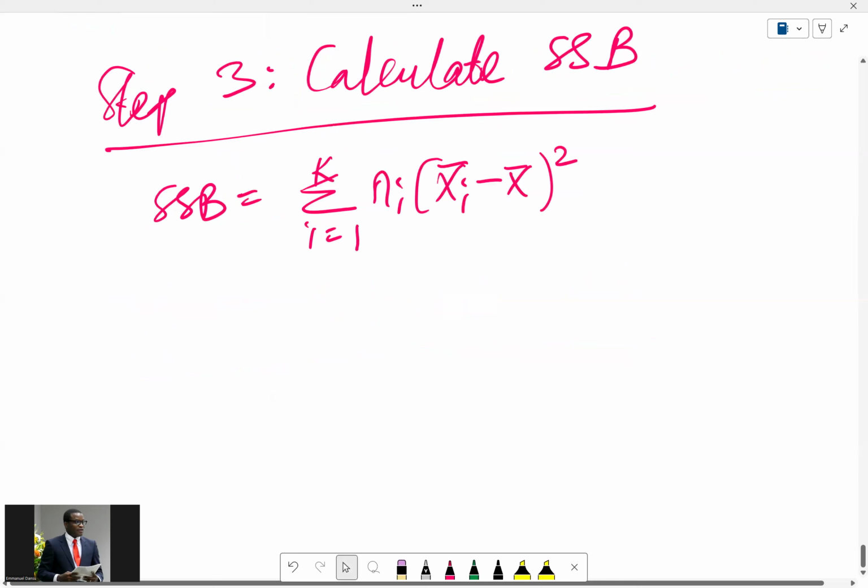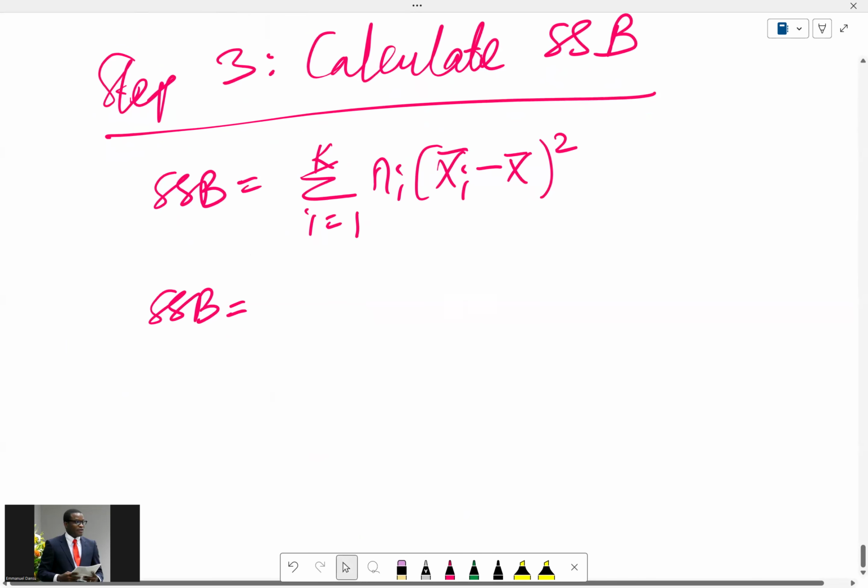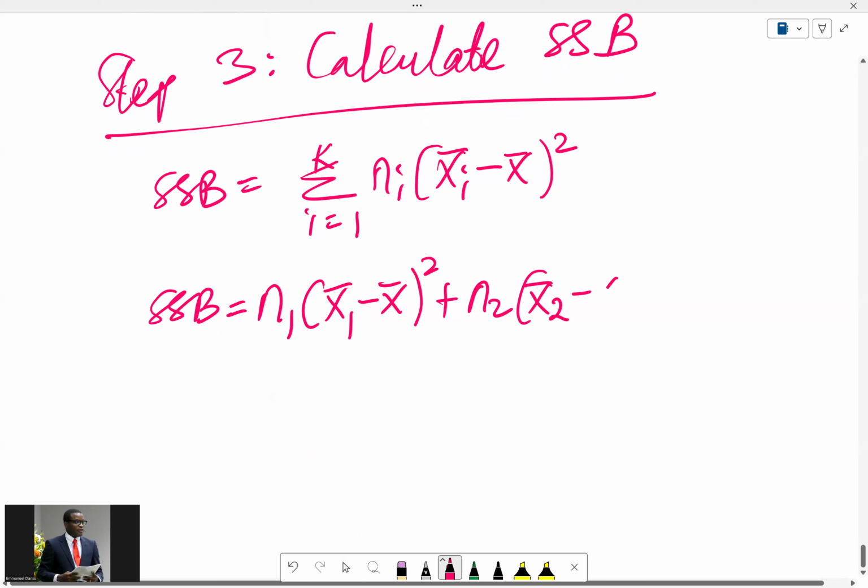So in short, this would be N1 into X1 bar minus X bar all squared, plus N2 into X2 bar minus X bar all squared, plus N3 into X3 bar minus X bar all squared.